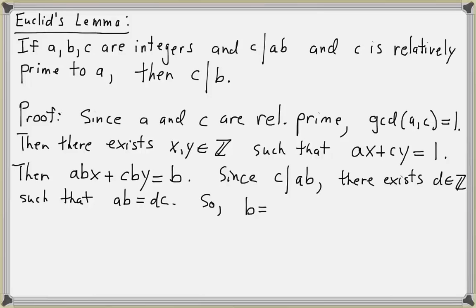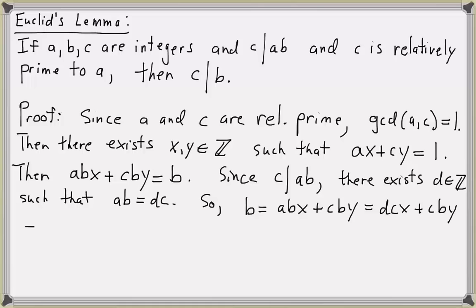b, which equals abx plus cby, can now be written as dcx plus cby. So I replaced ab with dc here.